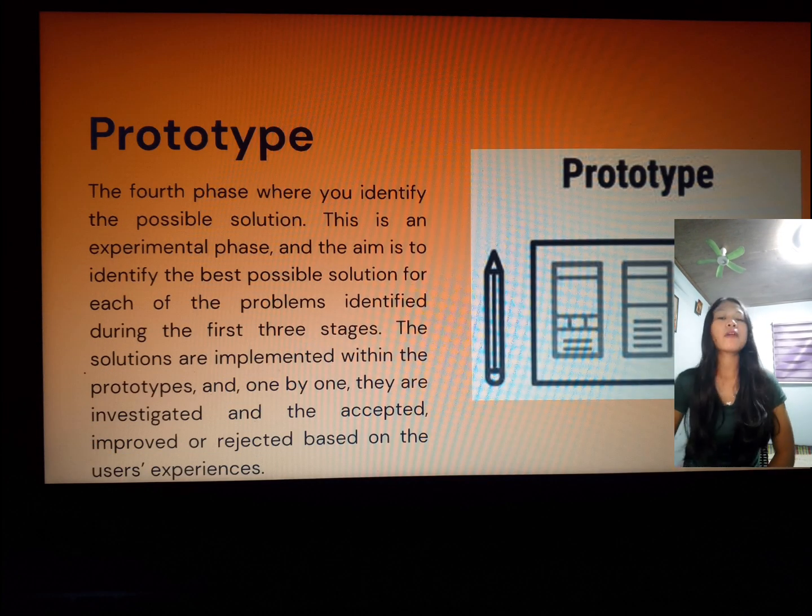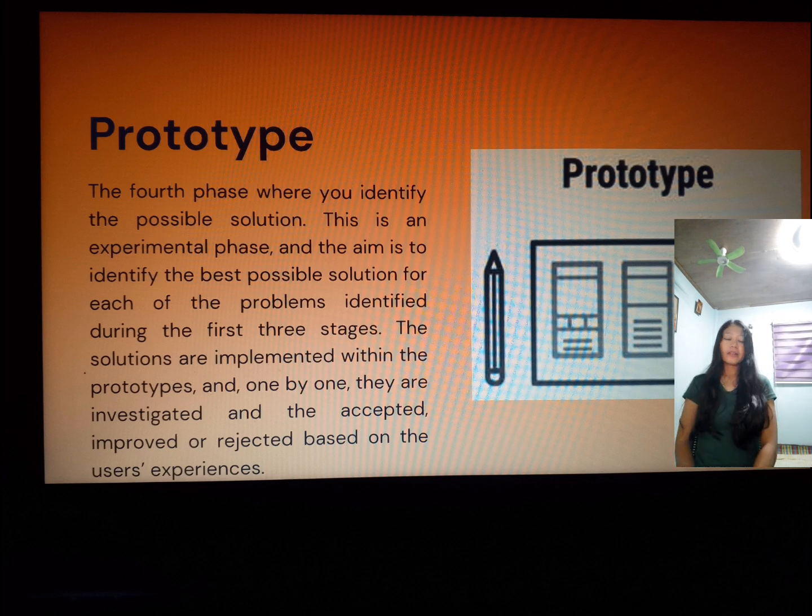Now, jump into the prototype. The prototype is the fourth phase where you identify the possible solutions, and this is the experimental phase. The aim is to identify the possible solutions for each of the problems identified during the first three stages.